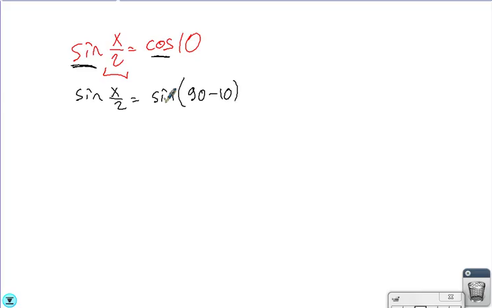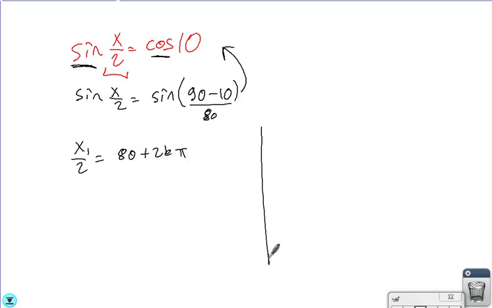Which means because of sine, if you go back, because of 90 degrees, sine will be cosine and 10 goes there without the reference angle part. So then we can directly write that. Remember that with sine we have two kinds of an answer. The first, x over 2 is equal to, there will be 80 in here. Directly 80 plus 2k pi. Do you remember the second one? Okay, now I remember.